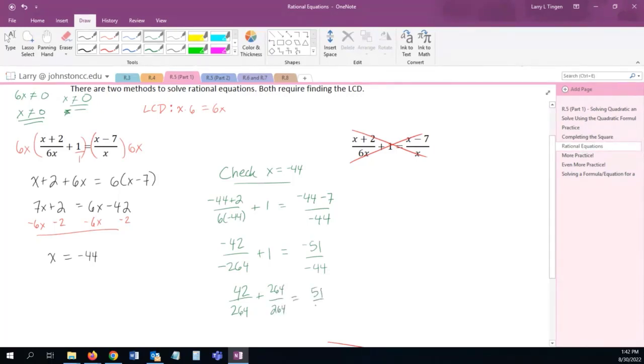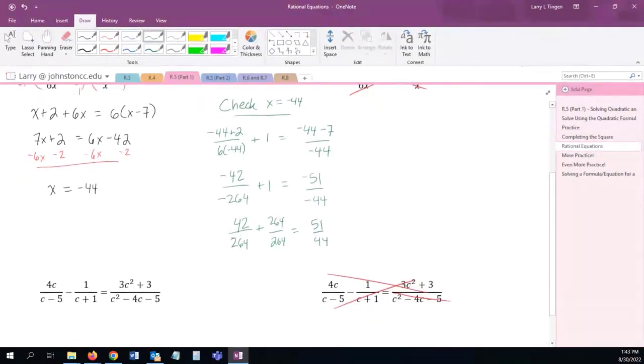And the reason for that is I would like to add the fractions on the left-hand side. 42 plus 264 is 306. 306 over 264 is equal to 51 over 44.